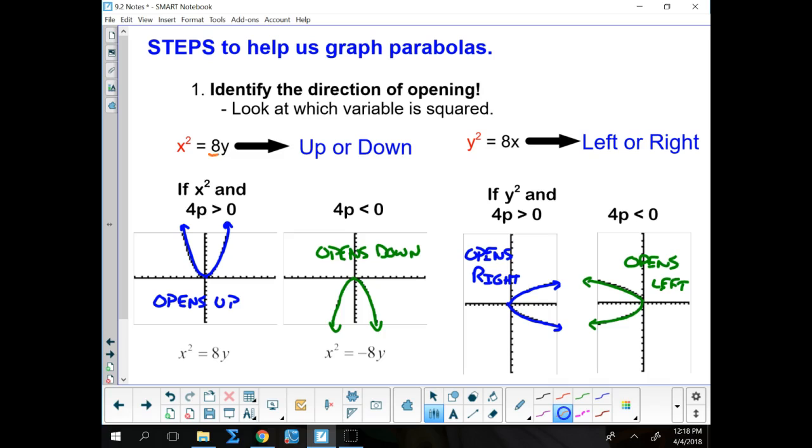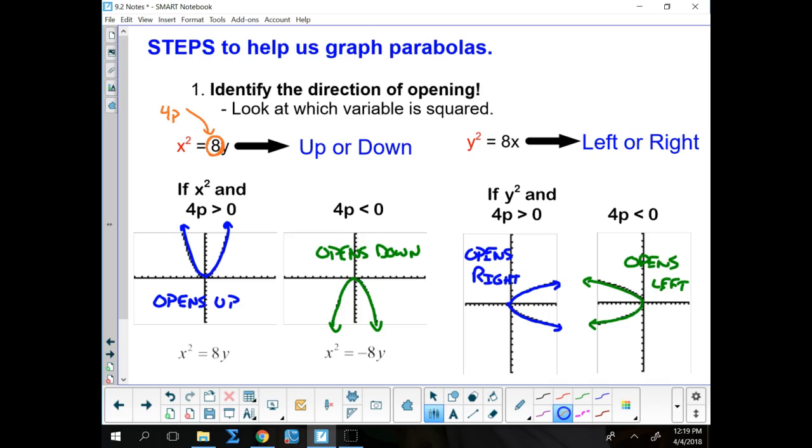Remember that the number here in front of the non-squared term is 4p. Okay? That number is 4 times p.